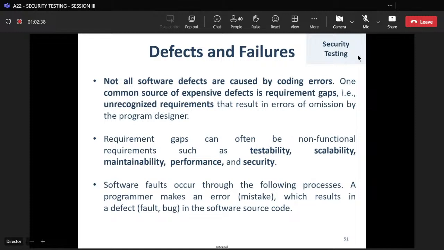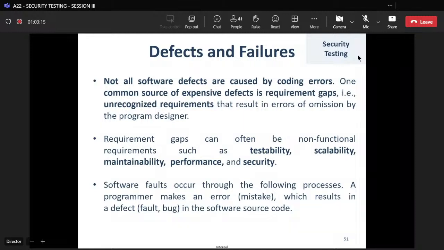And not all software defects are caused by coding errors. One common myth is that if there is a mistake in the coding, it results in a software defect. But here the author is mentioning that not all software defects are caused by coding errors, because one common source is requirement gaps. Sometimes the documented SRS document may not give full information, and sometimes it could be an omission by the programmer or designer.